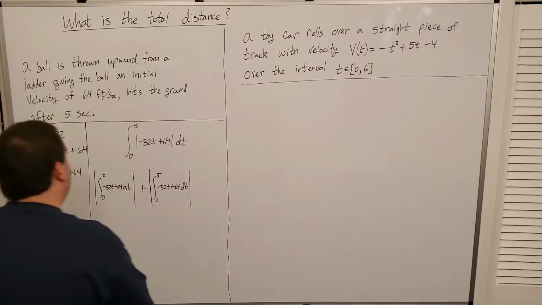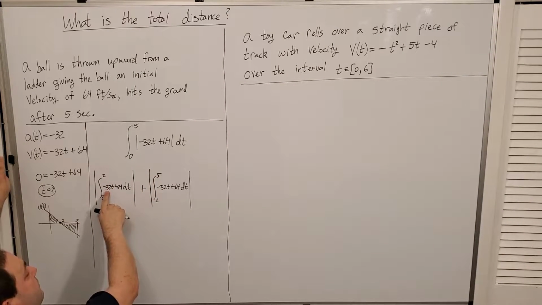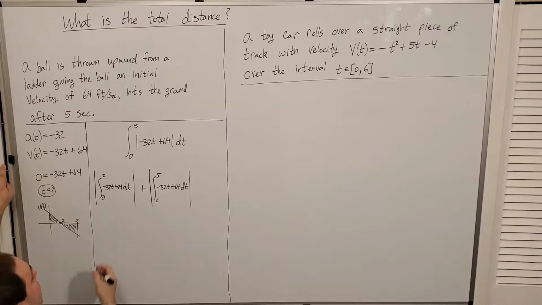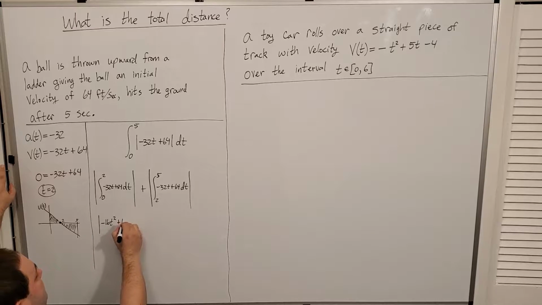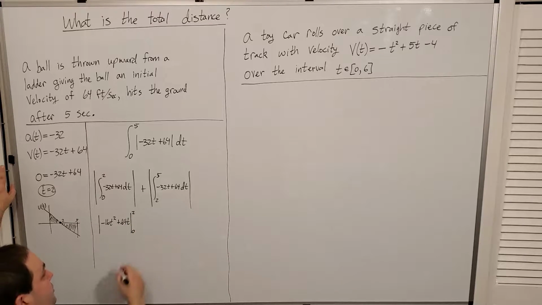All right? So, antiderivative of negative 32t plus 64. So I'm going to have the absolute value of negative 16t squared, because remember I go up a power and divide by the new one, and then plus 64t, evaluated from 0 to 2. Notice I didn't put brackets, I'm still putting the absolute value bars, using those as a double up to put my boundary values on there.